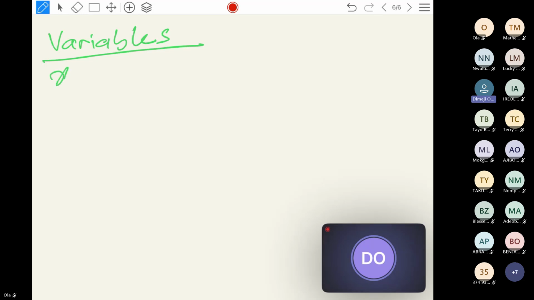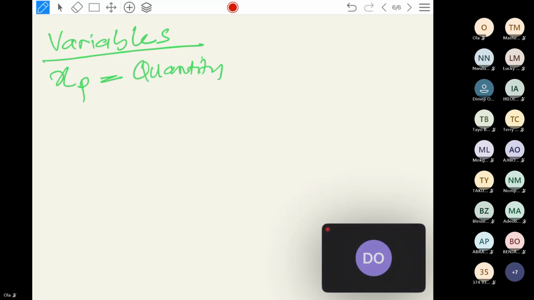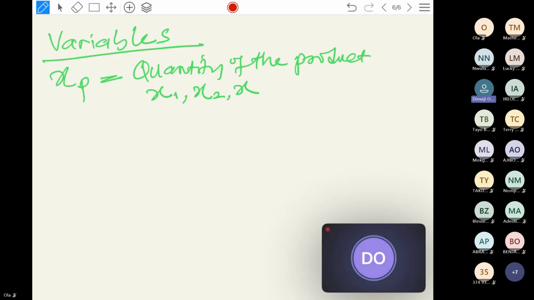Number 1, we have the product quantity. Here it is also indexed to P, so it's going to be to 7. And then the total profit.